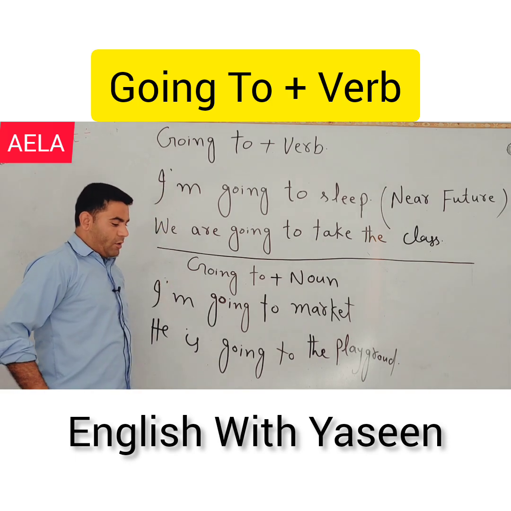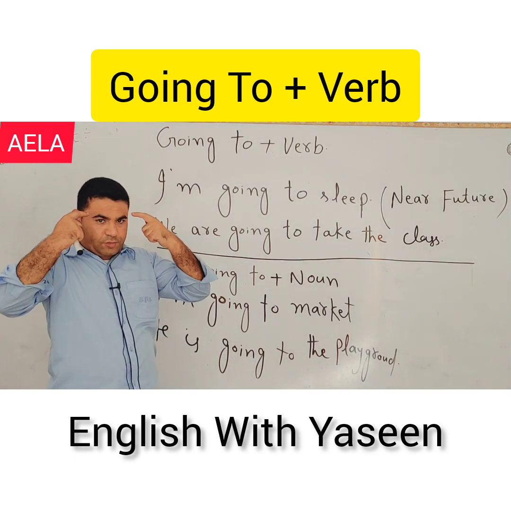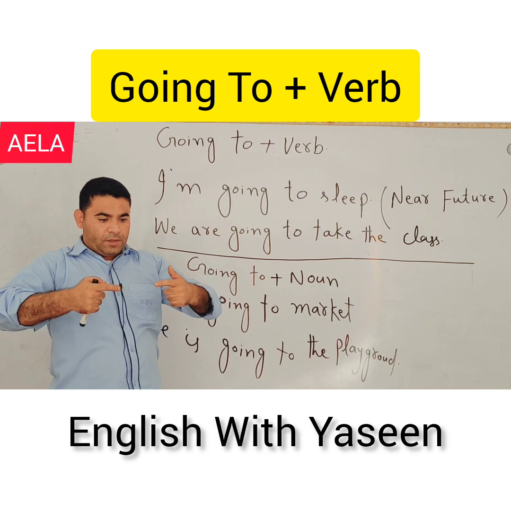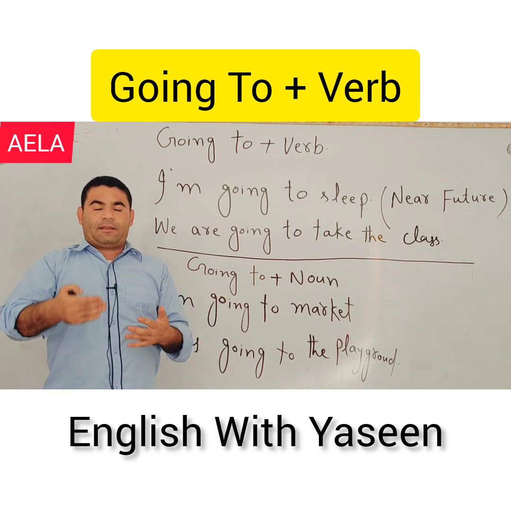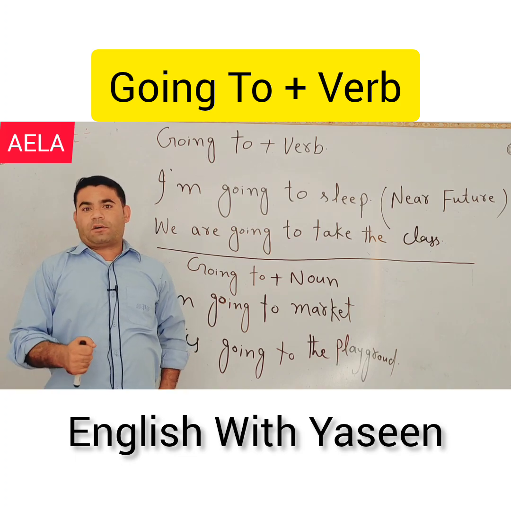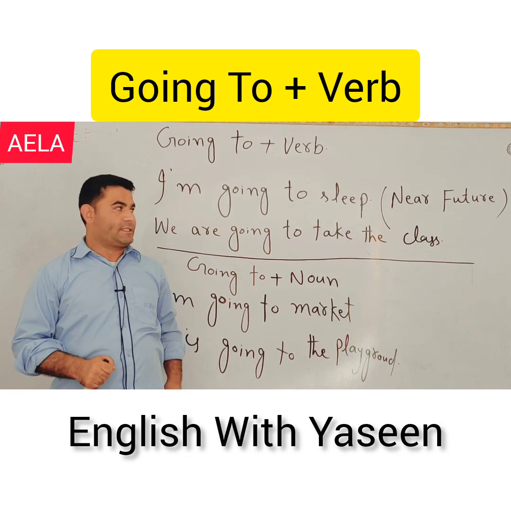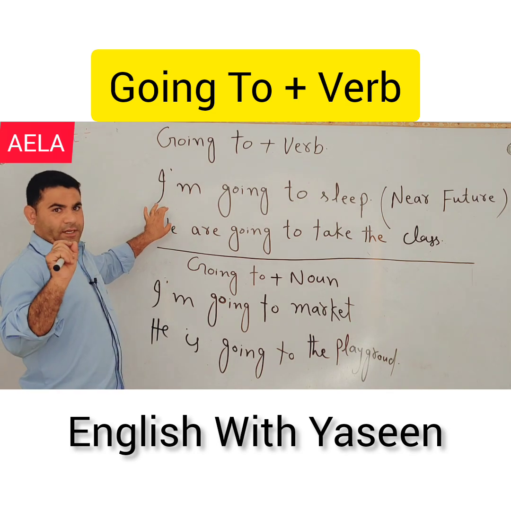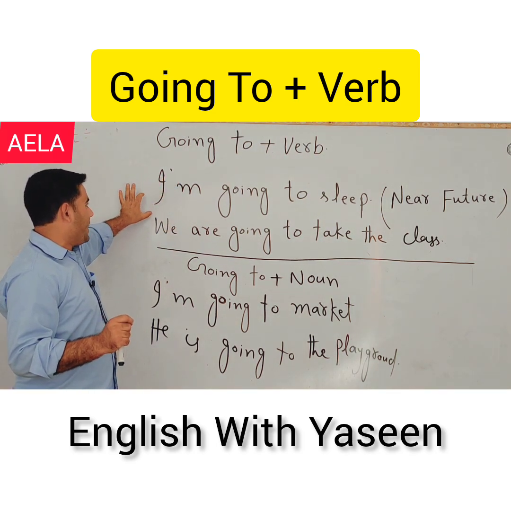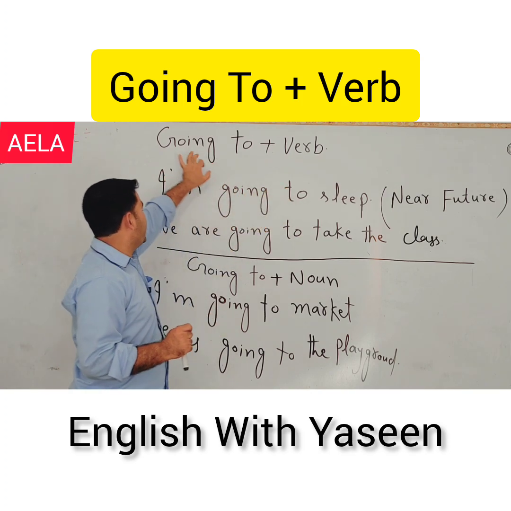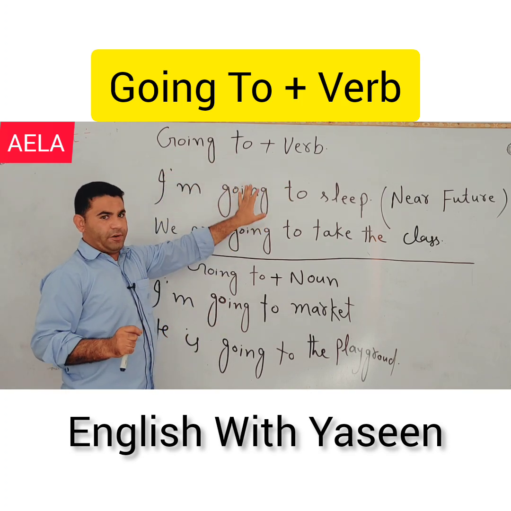Normally we say I'm going to. When going to is used, people just think that it is an in-progress action, that it is present continuous or present progressive tense, but it is not so. For example, let's take this example: I'm going to sleep. Going to plus verb.